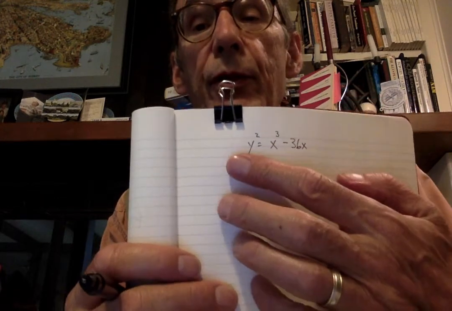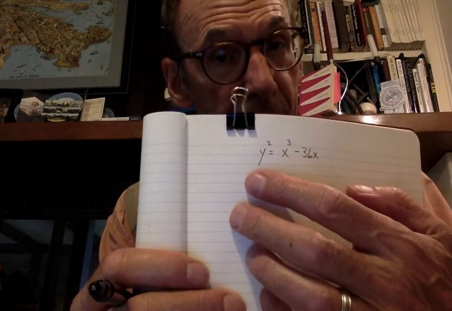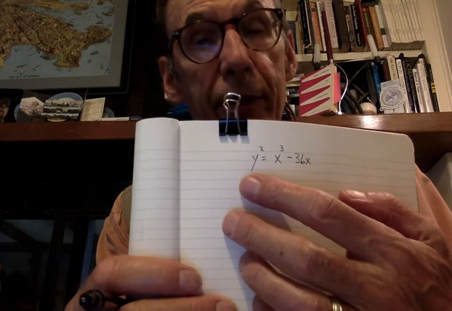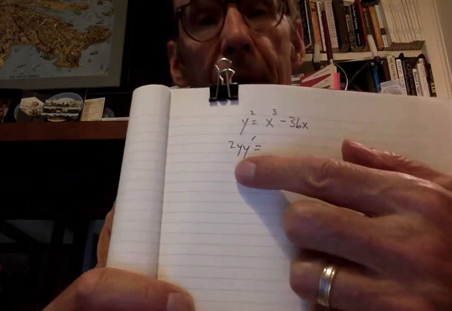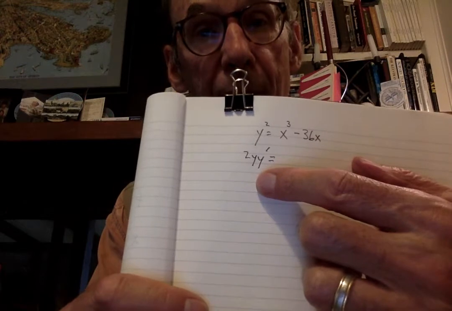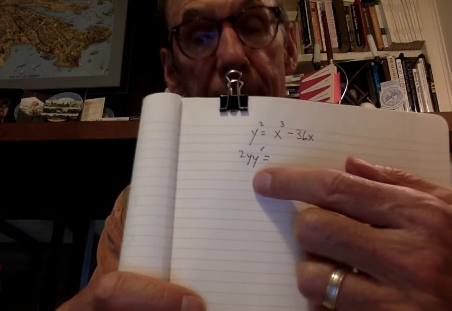We're going to have to use the chain rule because y is a function, and so y squared is a composition. That's the function y and then squared. And so when you take the derivative of that, you have 2y prime. Derivative of squaring is doubling, but then the chain rule says you have to have this factor of the derivative of what's inside.